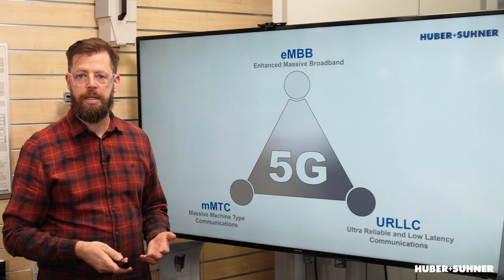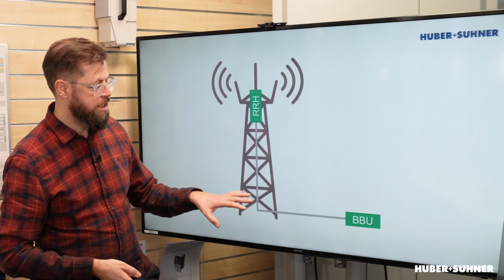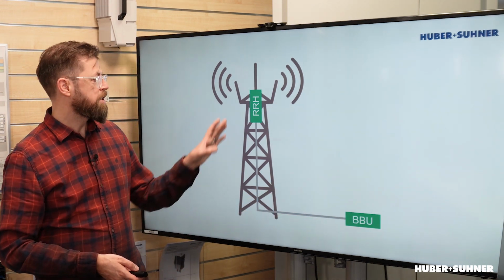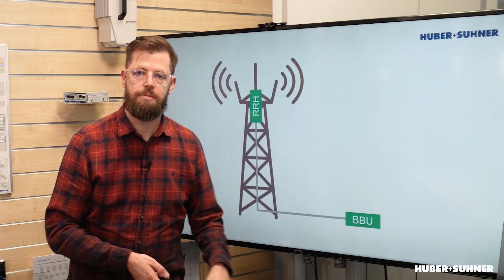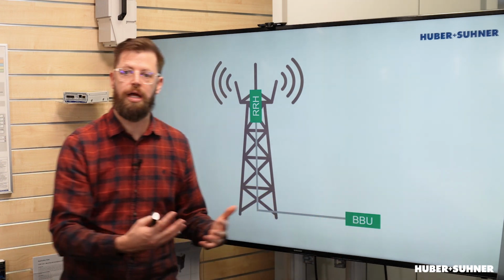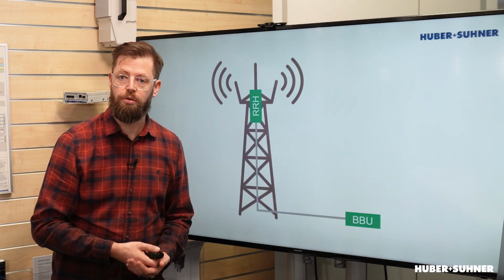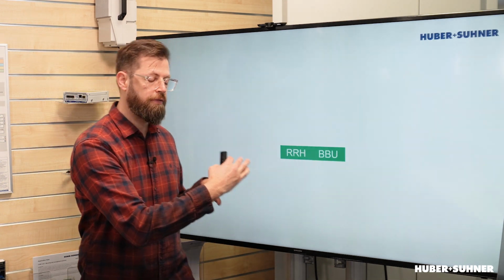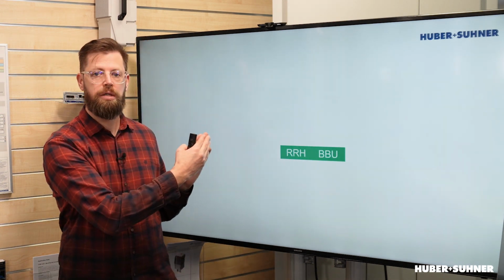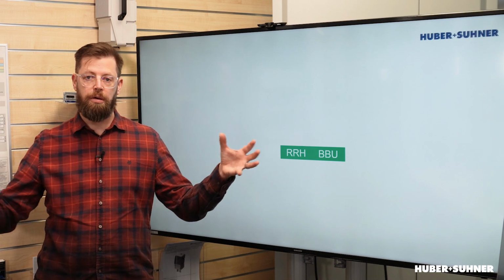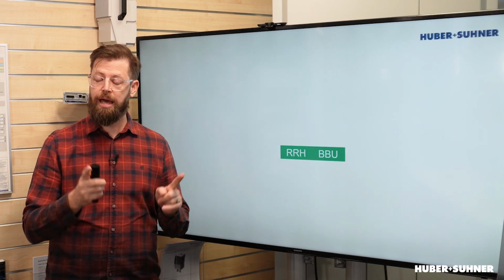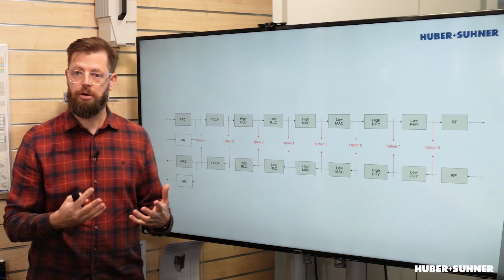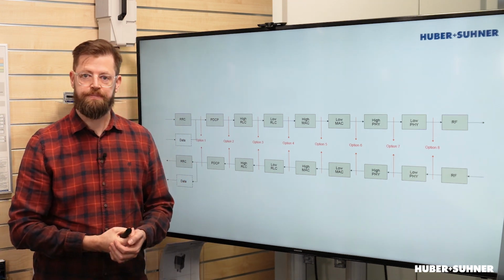And it very quickly became clear that the traditional setup that was used for 4G and before, in other words, having the radio head and the baseband unit with the majority of the functionality in the baseband unit, wouldn't work. So what they did is they took all the functionality of the radio unit and the baseband unit, put it all back together again, and then theoretically separated it at different split points, hence the split.